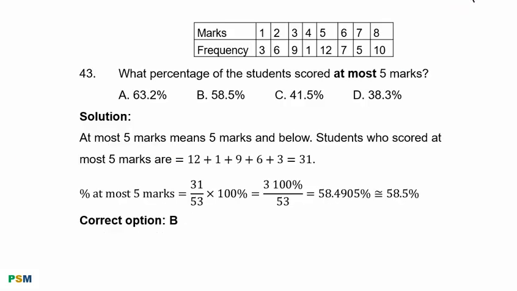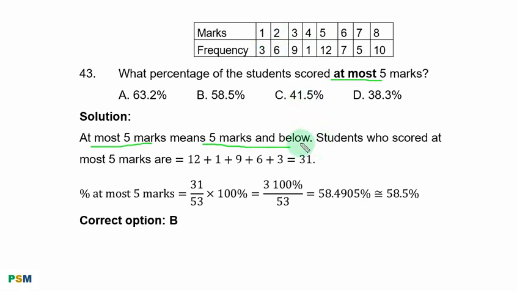Question 43. What percentage of the students scored at most 5 marks? Solution. At most 5 marks means 5 marks and below. That is 5, 4, 3, 2, 1.